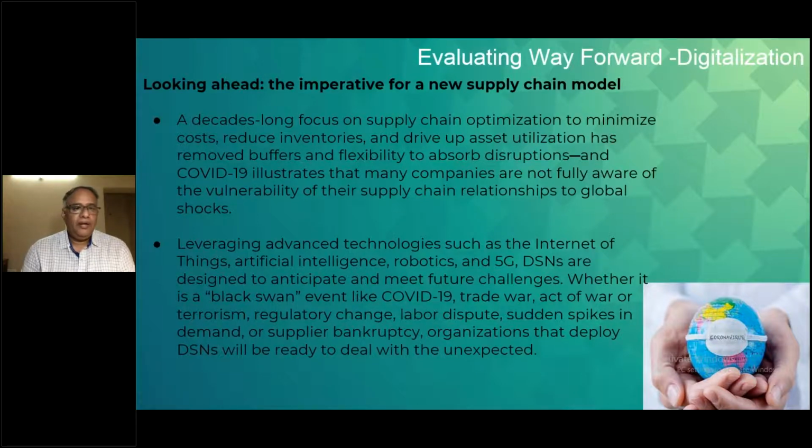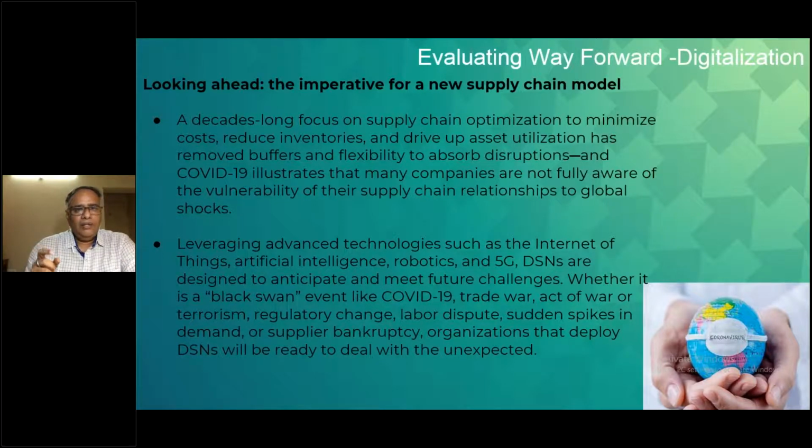A decades-long focus on supply chain optimization is basically what we were looking into earlier, as a supply chain team, to reduce cost and inventories. You might have seen how I was talking about the inventory right from the first level to the last level, and the focus was on inventory, and everything was to drive up asset utilization.